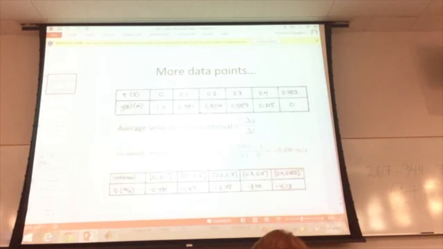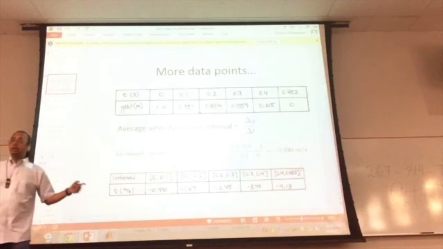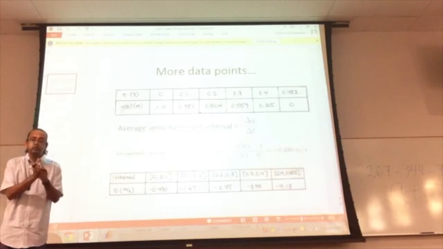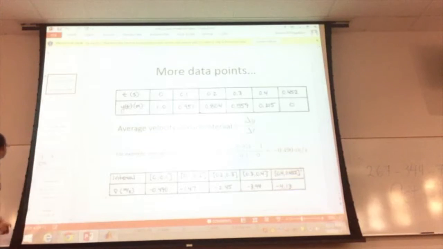In the limit of delta t, that is, in the limit of me chopping up the time interval into infinitely small little bits, the change in position divided by change in time. So everything on this side is discrete. In the limit of delta t going to 0, discrete becomes continuous, and we write this as dy by dt. That is the derivative with respect to time. And that is a good introduction to what a derivative is.